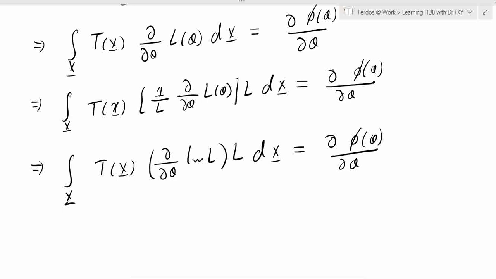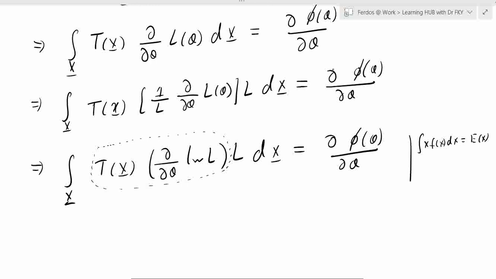So what does this mean? This means that this thing is just like the variable x, and this is the likelihood function, like the integral of x f of x dx is equal to E of x. Just assume this is x.